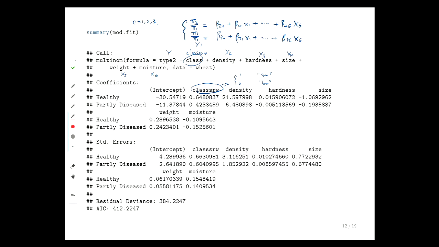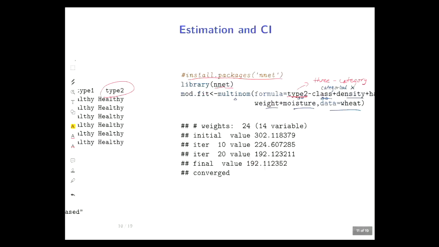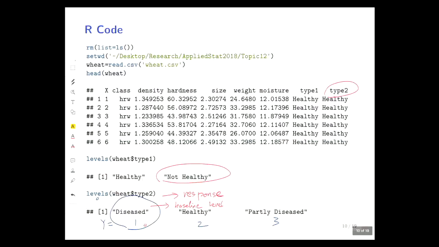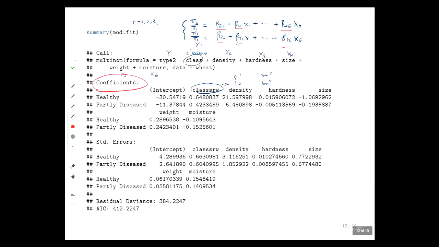Because we have 2 equations, we have totally different coefficients, right? So in that case, we can use the maximum likelihood estimation to obtain the coefficients. And here, remember, what's healthy? Healthy is represented by using 2.